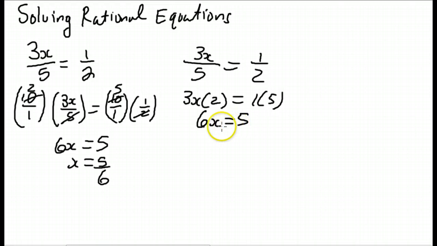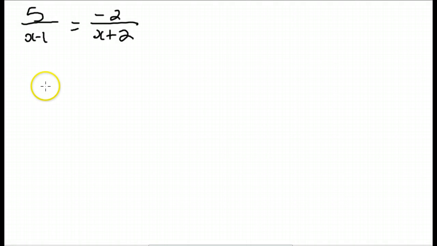And as I said, nothing that easy for you, so let's pick one up that actually has some variables in the denominator. Okay, how about this? 5 over x minus 1 is equal to negative 2 over x plus 2. Now, if we see rational expressions, we should be thinking factoring, but there is nothing to factor here, so we need to think non-permissible values.